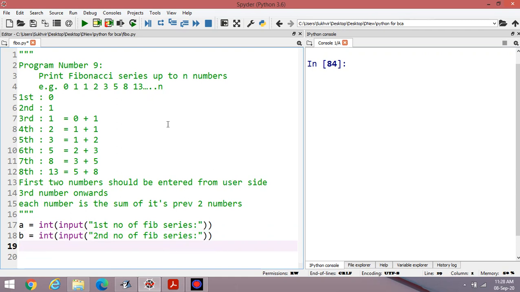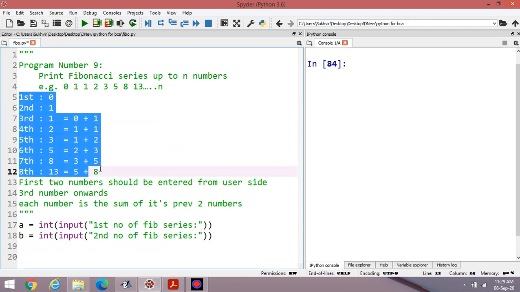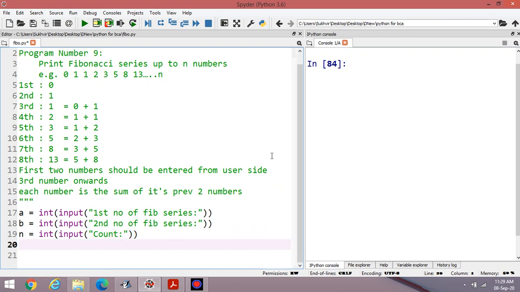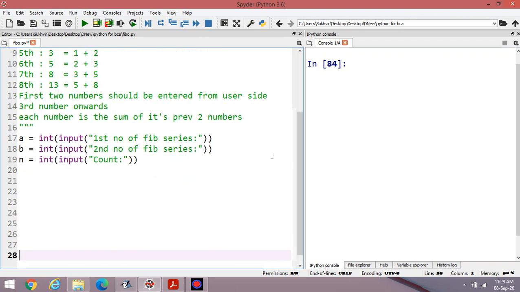And the third requirement is up to how many numbers you would like to display. Here the numbers are 8. It means you can write here int input, count is equal to up to how many numbers you would like to display in the Fibonacci series.